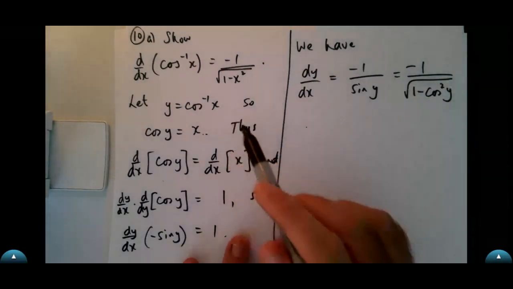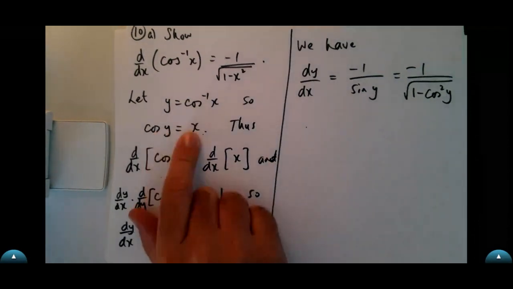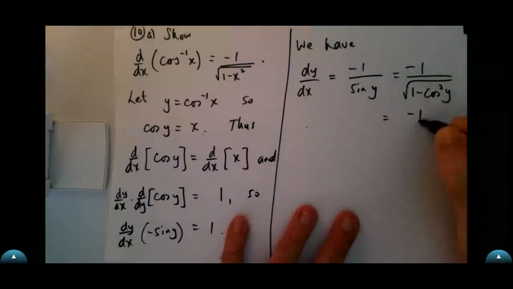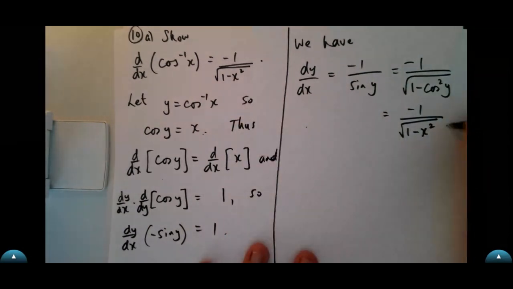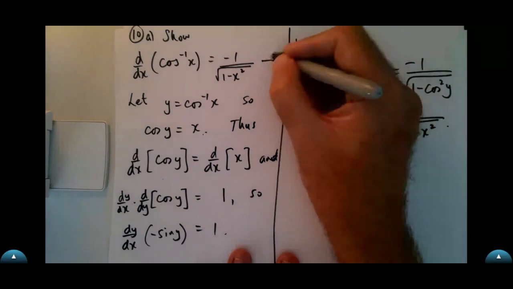And what is this? Well, cosine y equals x. So now I can get back to that x. Okay, which is exactly what we wanted to solve. So let's call this star.